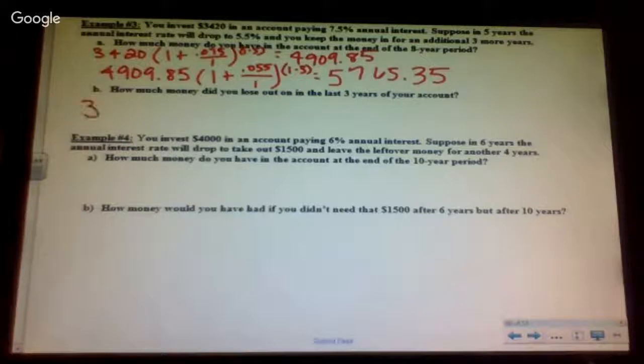So we have to figure that out first. We're going back to see what would happen if we wouldn't have changed percentages. 3,420, with my original rate of 7.5%, over the entire course of the 8 years.